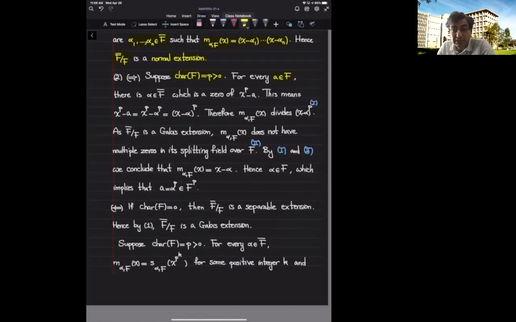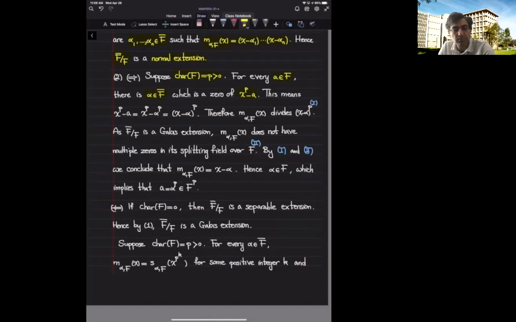Maybe I cannot do it inside F, but I can definitely do it inside F bar, because F bar is algebraically closed. The polynomial x to the power P minus A has a 0 inside F bar. Let's call the 0 alpha.